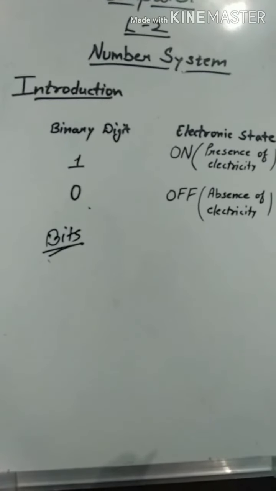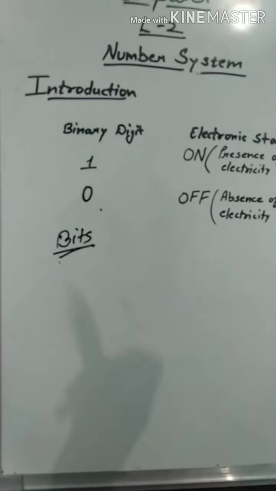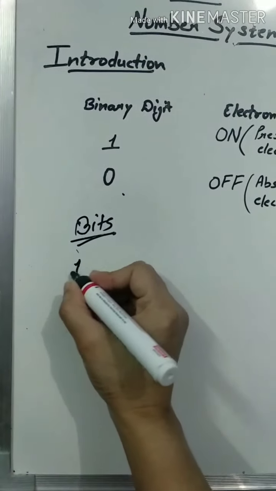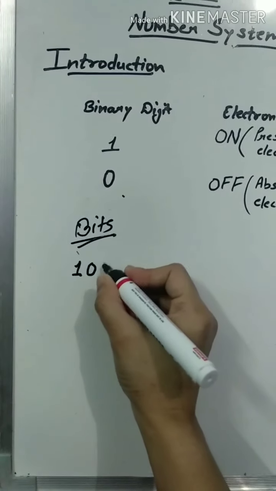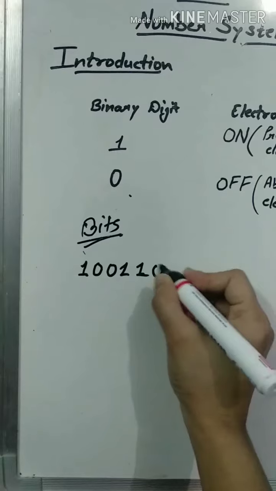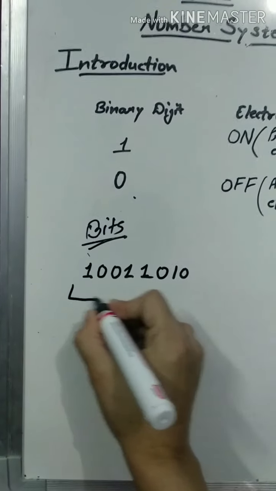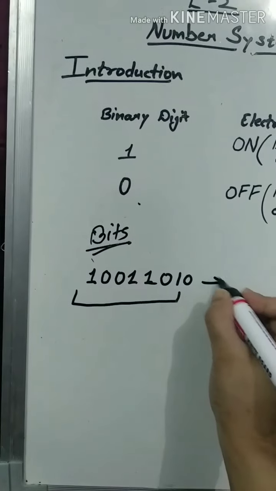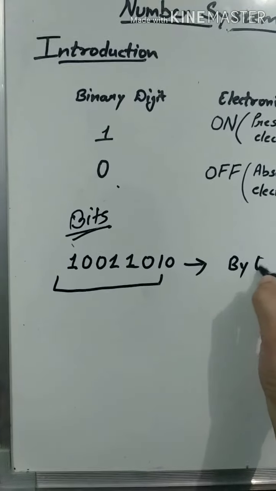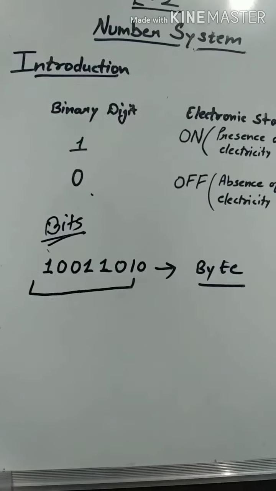When 8 bits, that is 8 binary digits like 1 0 0 1 1 0 1 0, are grouped together, it makes a byte, and this byte is used to represent an individual character.